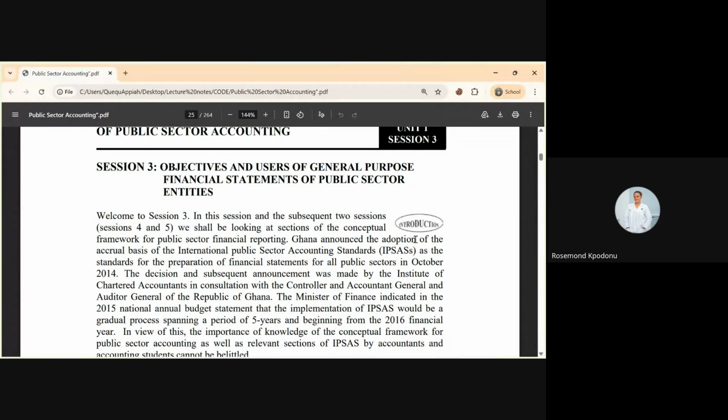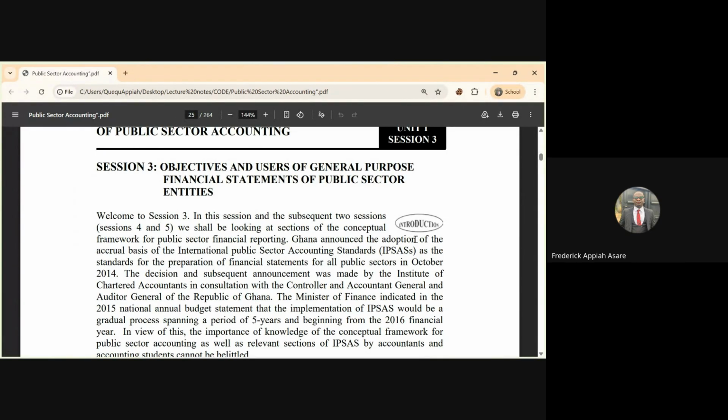Okay, sir, please, I would like to know the standard that is required to prepare the accounts for both the public sector and the private sector, the national accounting standards. We don't have a standard that tells us that we can use it to prepare both private and public.